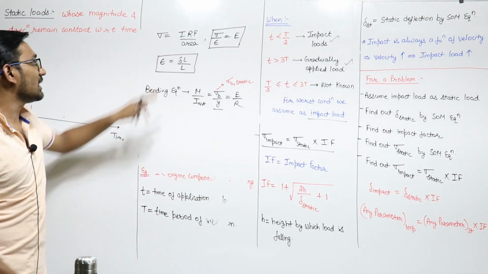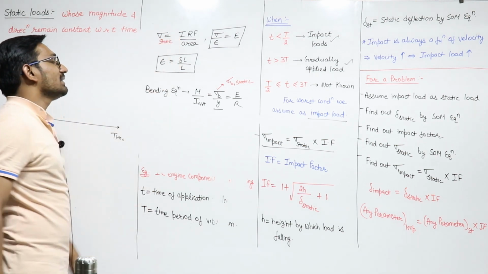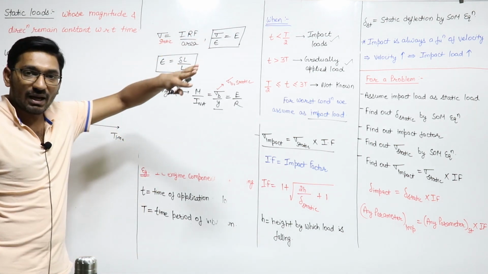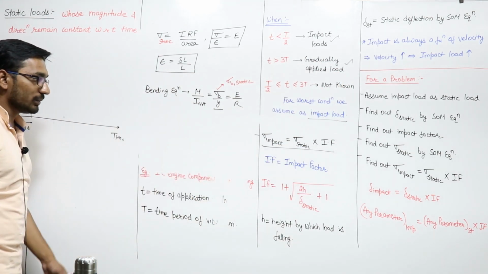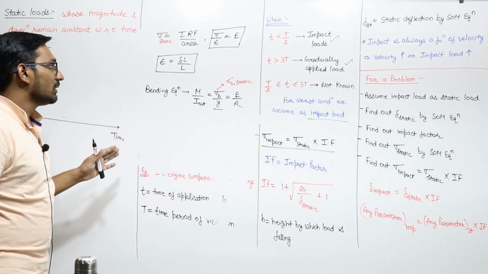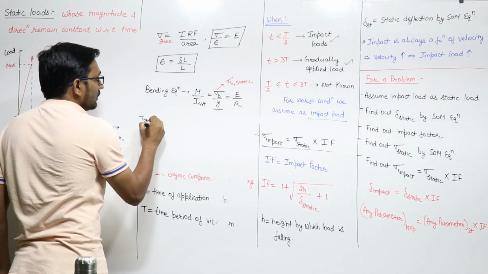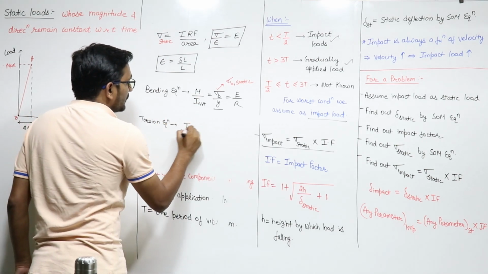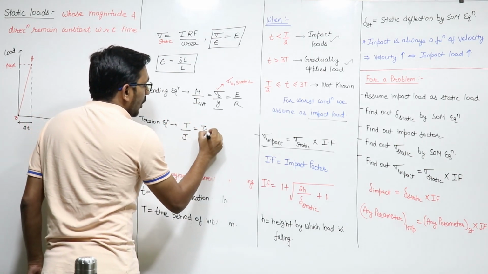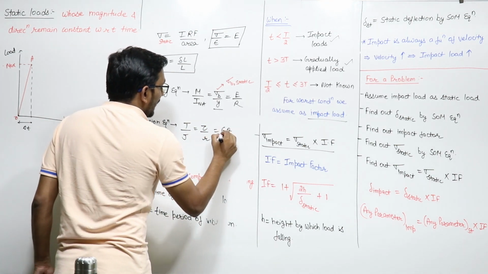Here also sigma is sigma static, right, when we consider that the force we are applying is a gradually applied or static load. And from the Sohm equations, the torsion equation is T by J is equal to tau by R is equal to G theta by L.